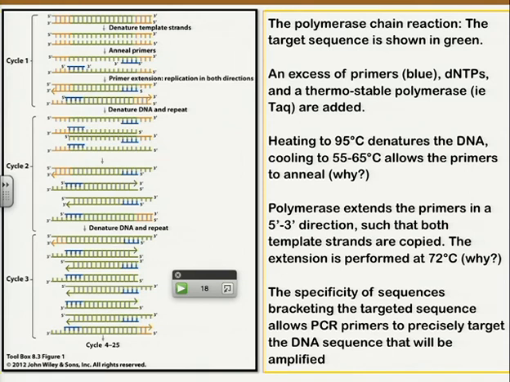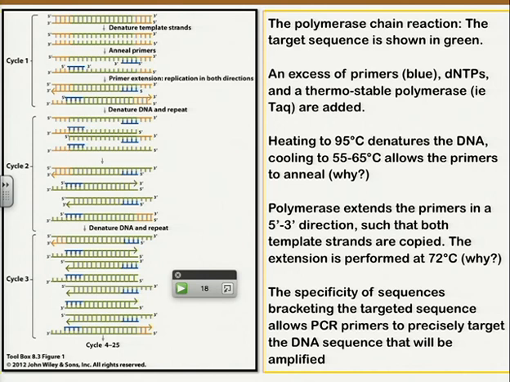You denature the two strands at a high temperature. You bring the temperature down a little bit. You allow the primers to anneal. You adjust the sequence of the primers and the annealing temperature so that the primers only anneal at sequences they are perfectly complementary to, and not at 17 other places in the DNA, which would mean you're amplifying more than what you think you're amplifying.